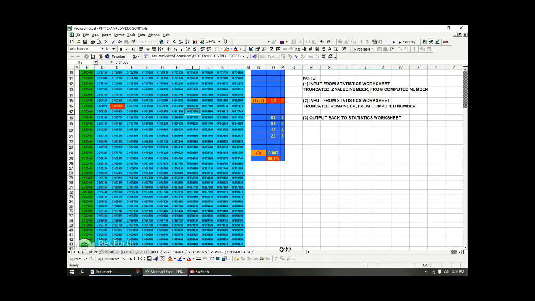Now these tables go all the way down to nearly 4 standard deviations. So if you're down here at 3.99, and I go in the last column, which is a 9, then now you're at 99.997%.